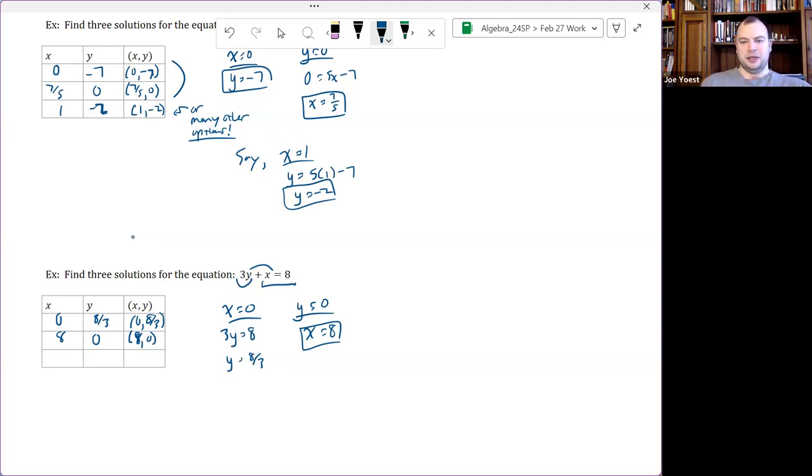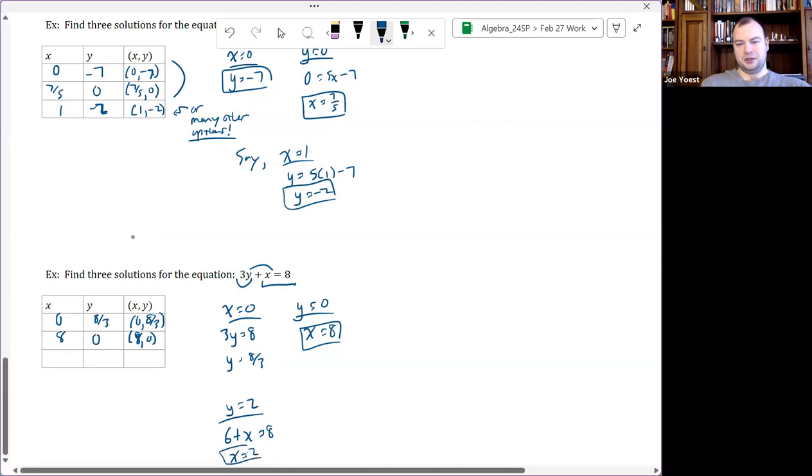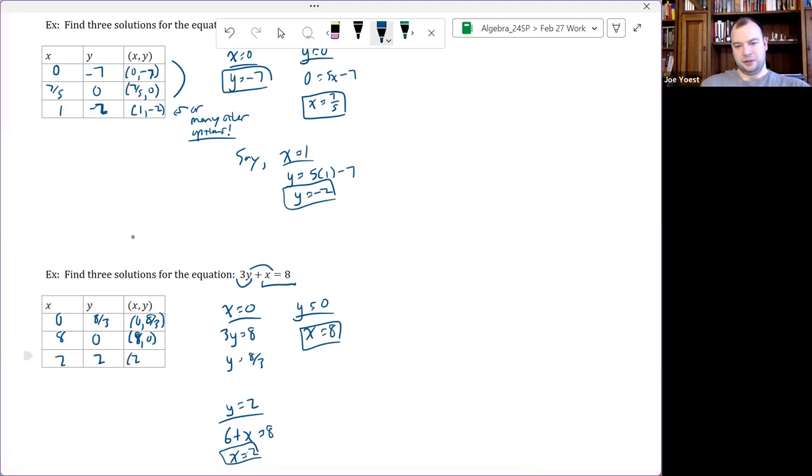And here, if I look at this, I know that I want to pick an x and a y to make 3 times y plus x equals 8. Maybe if I pick y equals 2 to make this term even, then I have 6 plus x equals 8. Seems like x equals 2, right? That would give me a pretty good ordered pair that shouldn't be too hard to plot.